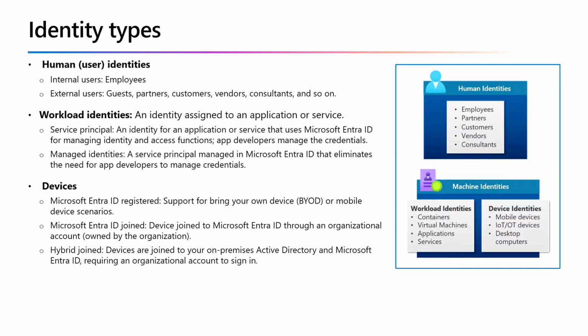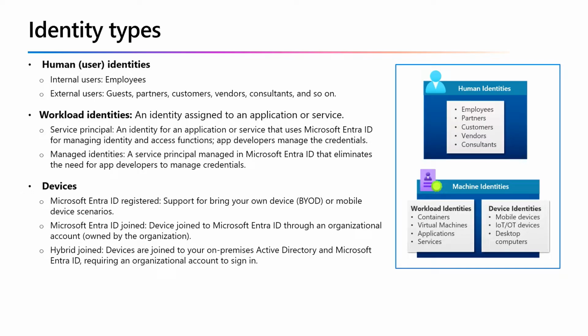Then you have the second category that you can assign identities to, and they are software-based objects such as applications, virtual machines, services, and containers. These identities are referred to as workload identities. Workload identity enables the software workload to authenticate and access other services and resources.